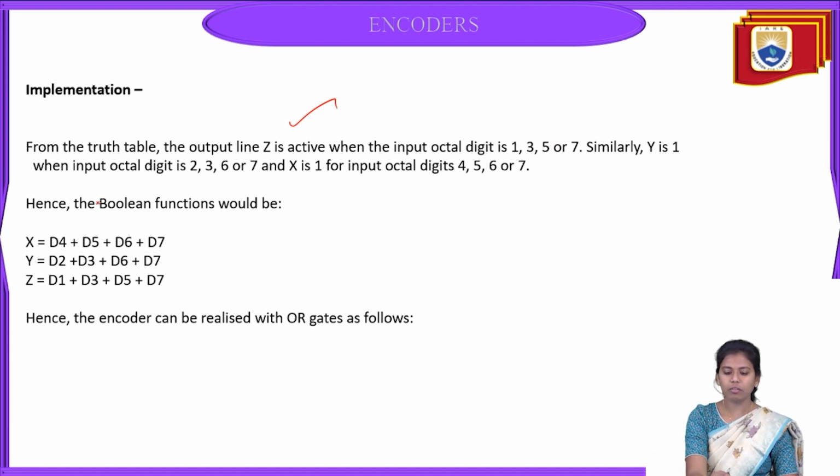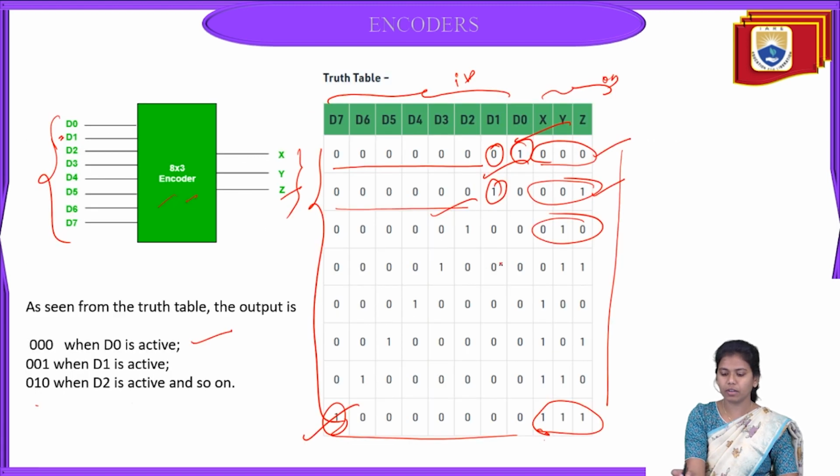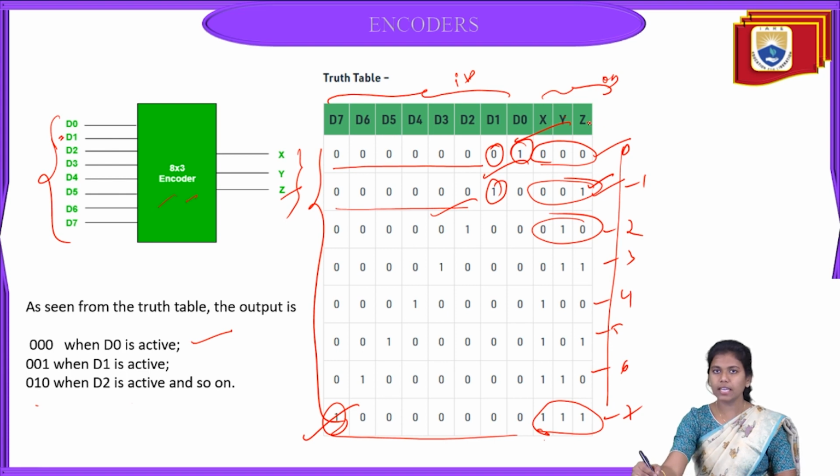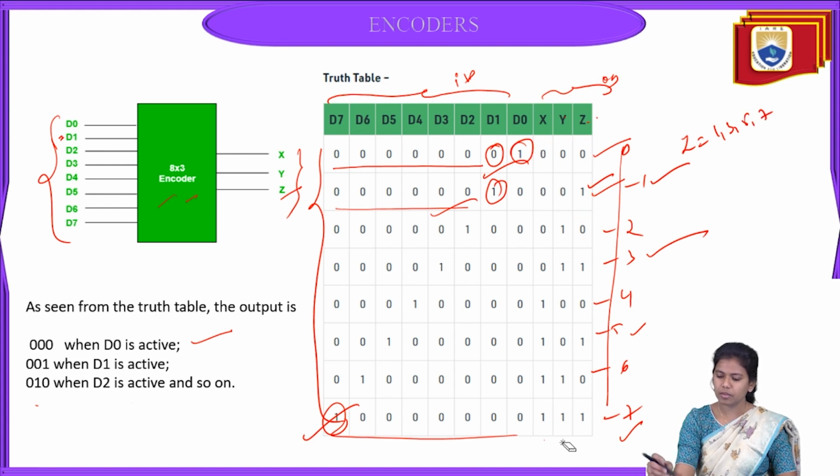Similarly, Y is 1 when the octal digit is 2, 3, 6 or 7.